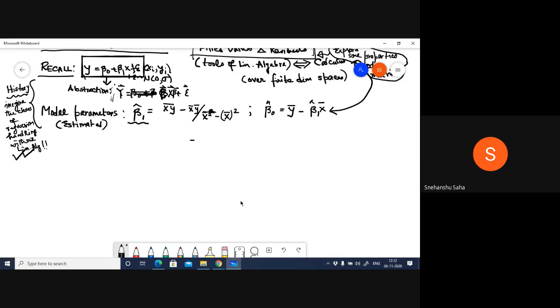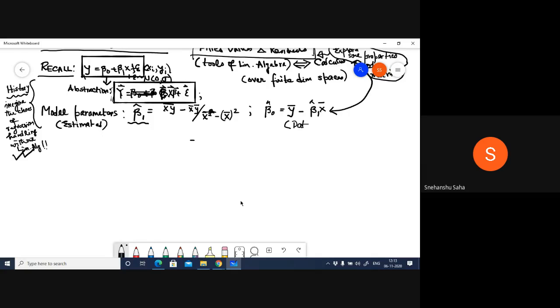An abstraction of this model is this. Here y is an n by 1 vector, x beta is also an n by 1 vector, and epsilon, the errors or residuals, is also an n by 1 vector. We have also seen how to estimate these model parameters using the tools of linear algebra, and this is data independent.